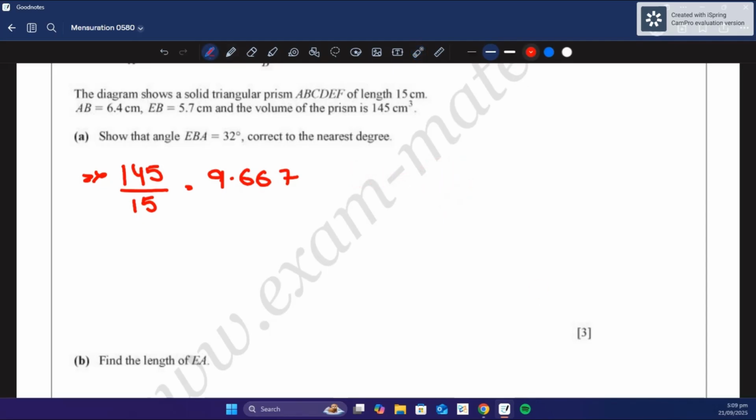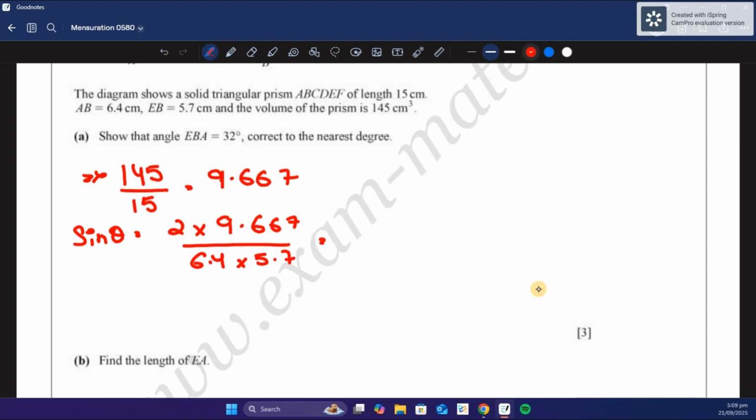So sine theta is equal to 2 times 9.667 over 6.4 times 5.7.